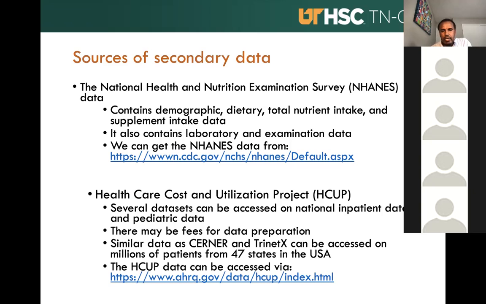Several data sets can be accessed on the national inpatient data and pediatric data, and there may be fees for data extraction. The data found in the Healthcare Cost and Utilization Project is similar to the Cerner and TriNetX data, and can be accessed on millions of patients from across 47 states in the USA.